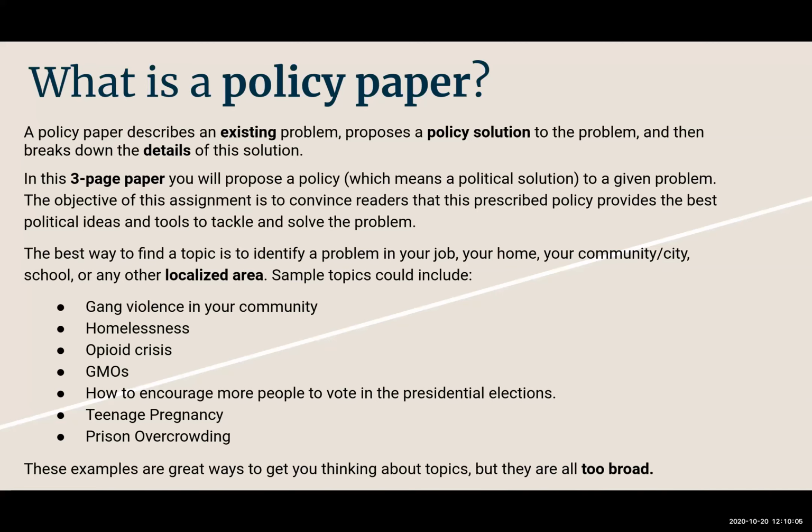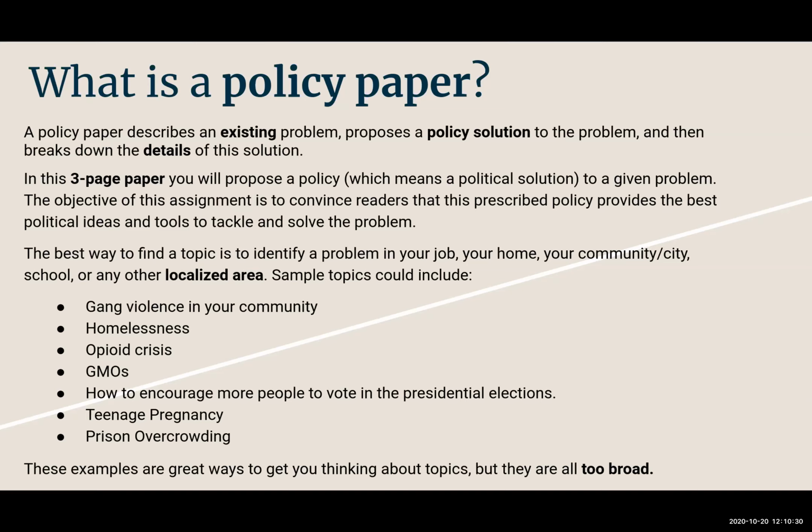Then the prompt says the best way to find a topic is to identify a problem in your job, your home, your community, city, school, or any other localized area. And I've bolded that as well, because it's super important to this paper. The more specific you can get with your topic, the better your paper will be. And specific can be like, maybe you're limiting the geographic area that you're talking about the problem in.